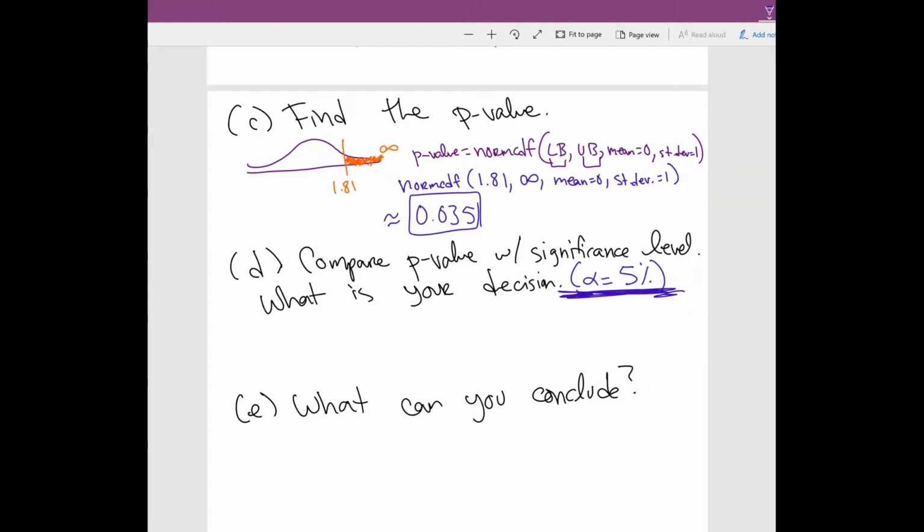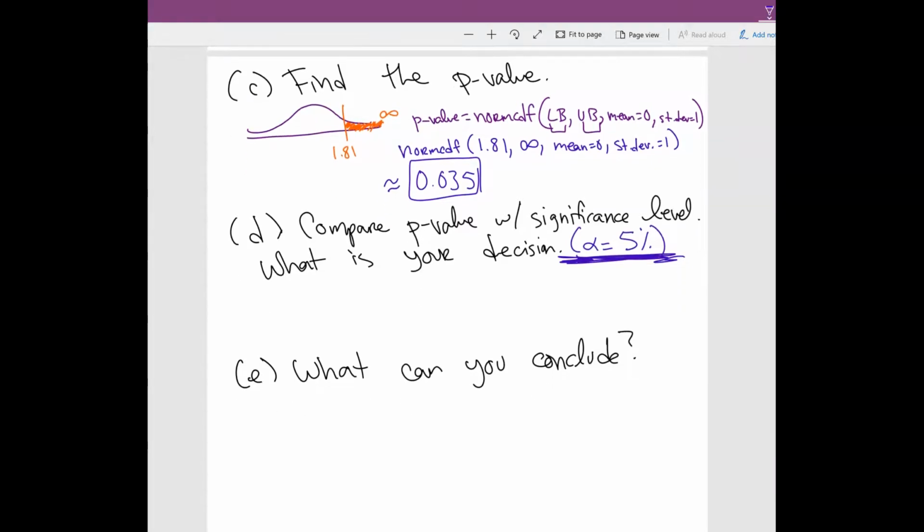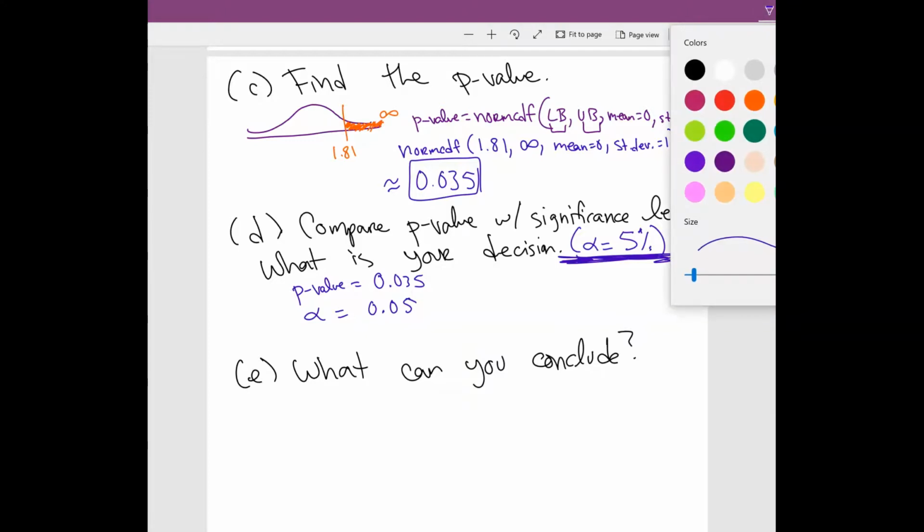Okay, so compare your p-value with your significance level. Okay, so your p-value, we know, is 0.035. Your alpha value, your significance level, is 5%. Making 5% as a decimal is going to be 0.05. Okay, so now you got to think about which one is smaller.